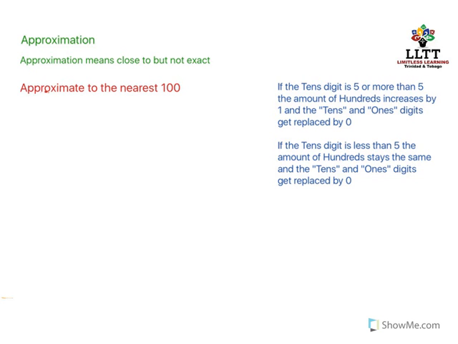So let's say the number that we wanted to approximate is going to be 856. This is ones, this is our tens value, and this is hundreds. So we have 8 hundreds, 5 tens, and 6 ones, and we want to approximate to the nearest hundred.